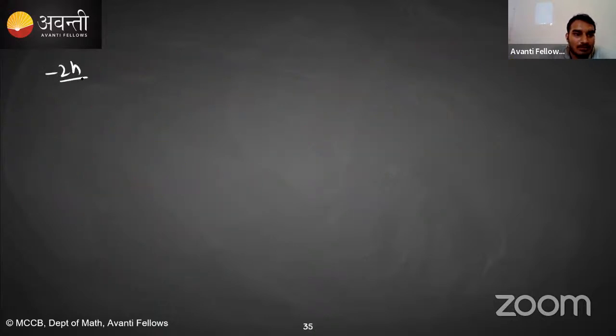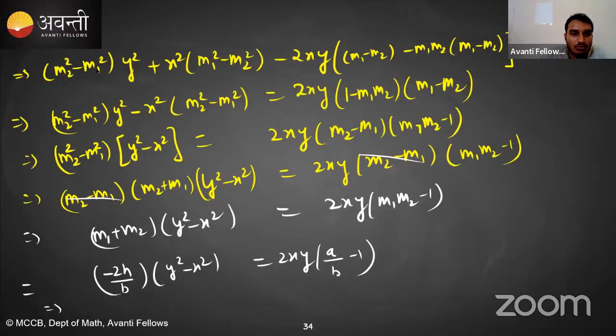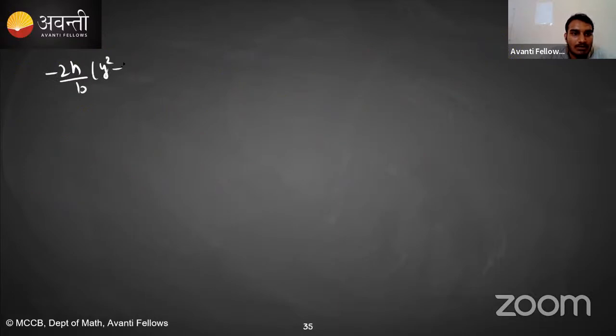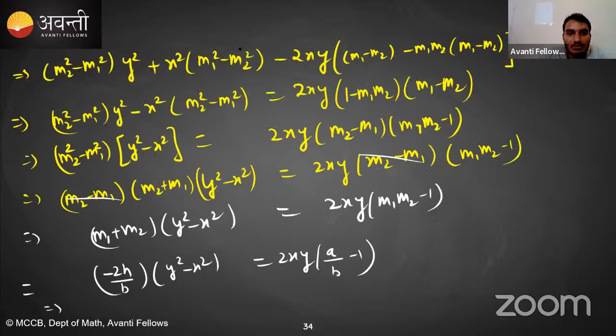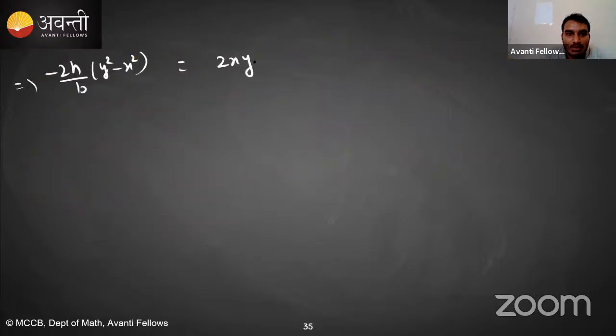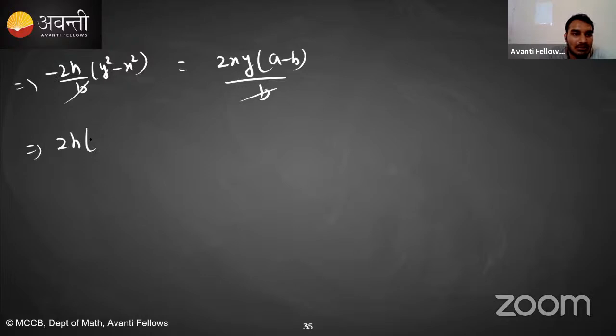Minus 2h upon b into (y square minus x square) is equal to 2xy into (a minus b) upon b. b and b cancel. What can this be written as? It can be written as 2h into, taking minus inside, (x square minus y square) is equal to 2xy into (a minus b).